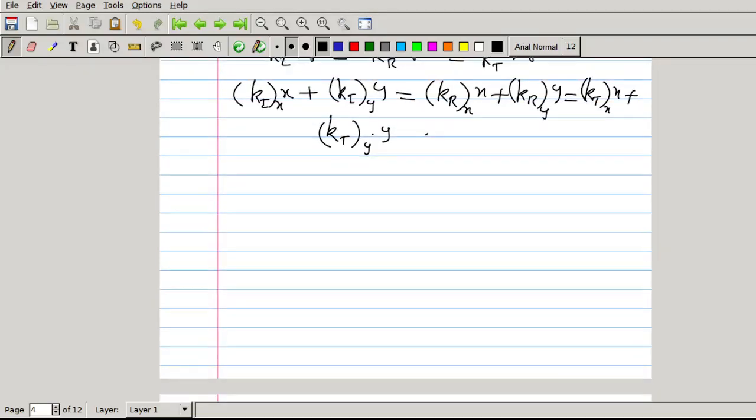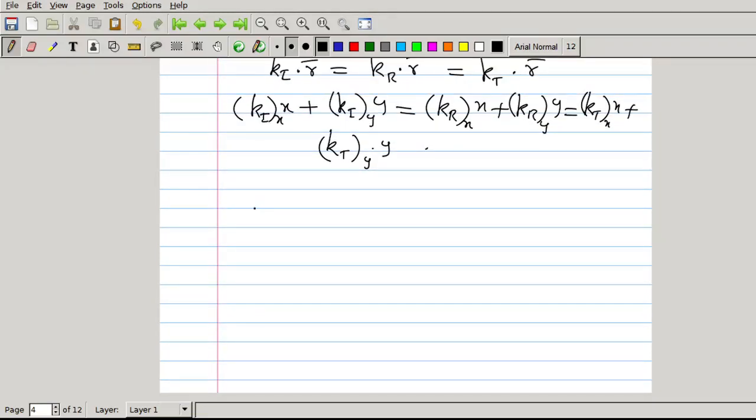So if I restrict the wave vector along the x direction, that is y equal to 0, then the x component k_ix will be equal to k_rx, which will be equal to k_tx.